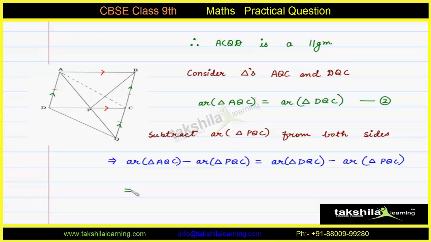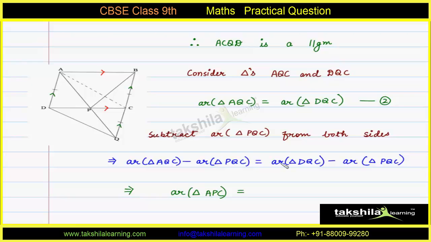So this implies here on our LHS we will have area triangle APC is equal to, and now let us look at the right hand side.